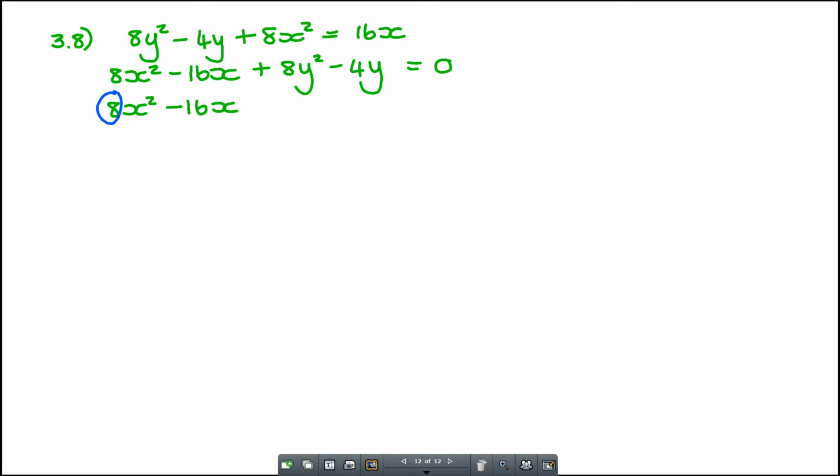Wil jy verskillende kwadrate, watter het jy bymekaar gaan pair? Yeah, nee, ek sê nee vir die verskillende kwadrate.